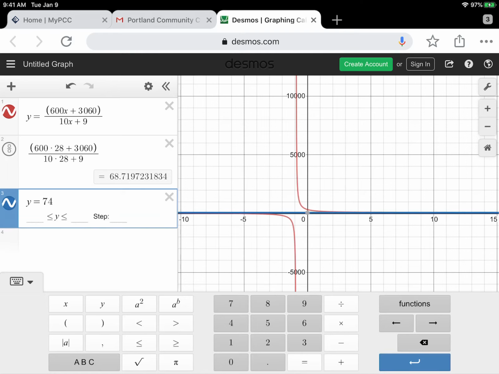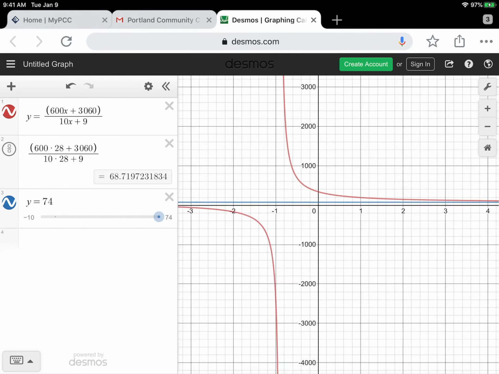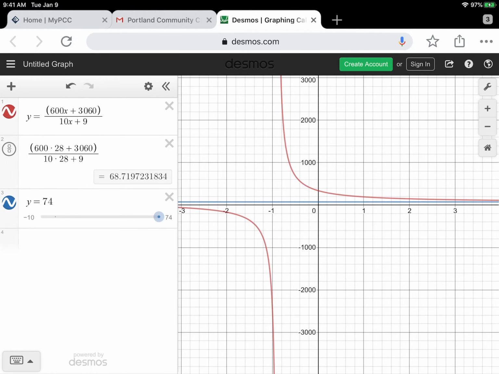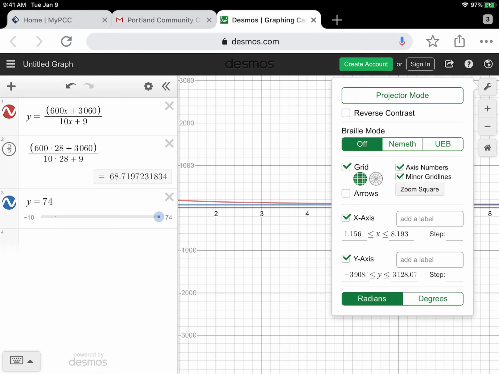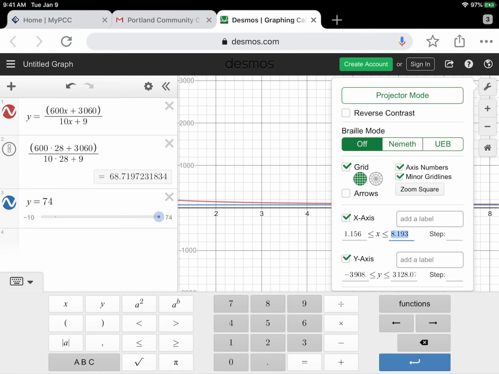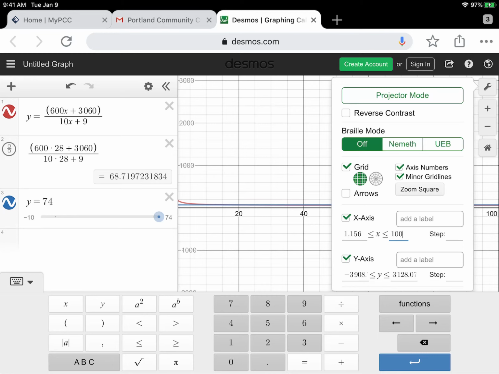And you can see it's kind of hard to see, so you want to change your window. We don't care about the negatives because we don't want years before 1900, so we only want over here. So again, really hard to see. So let's change this window and make this x go way bigger. Let's see what will happen if I make this 100.